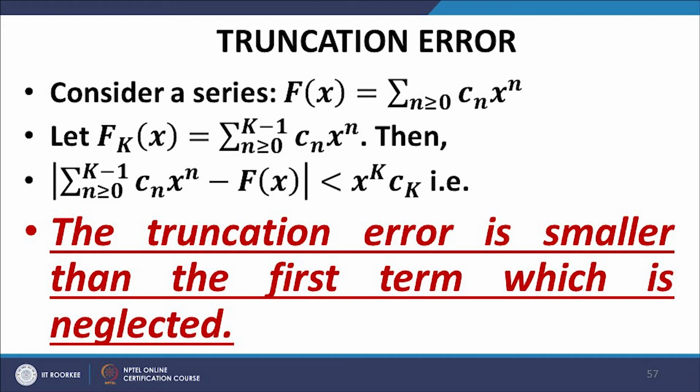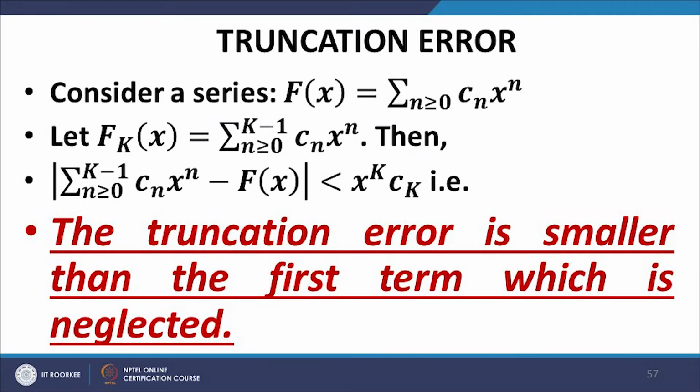Then it can be shown that the truncation error, that is the modulus of the difference between the actual series and the series up to the truncation point, is less than x to the power k times c k, that is, less than the next term which follows the truncation.